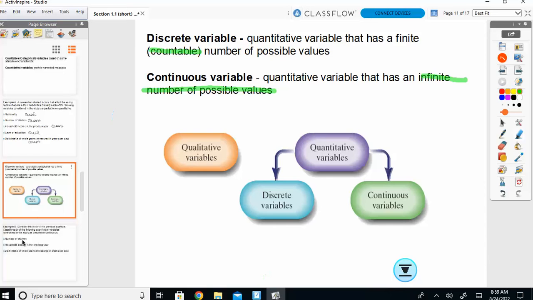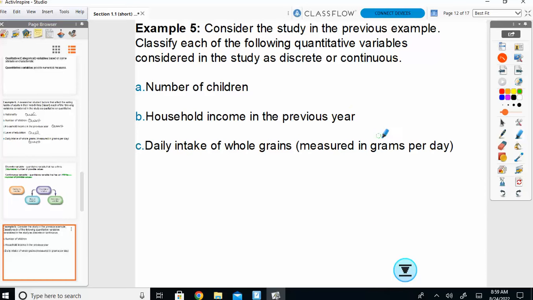So, number of children, is that discrete or continuous? Discrete. That is countable. We can list that out.